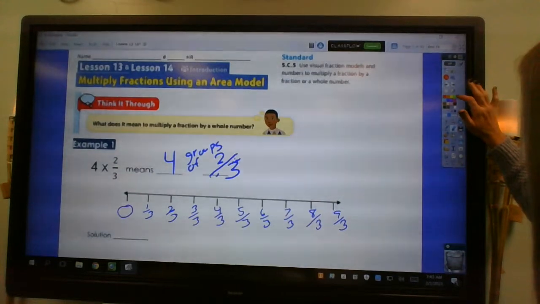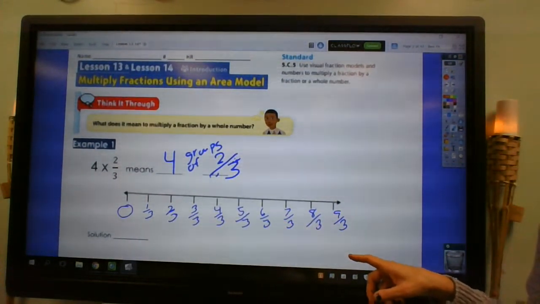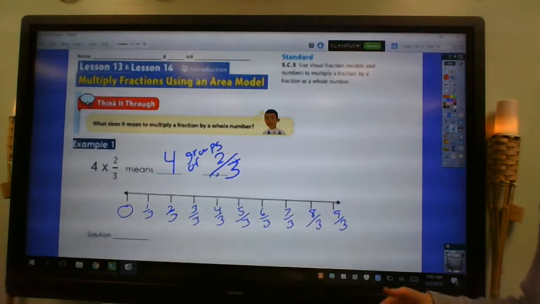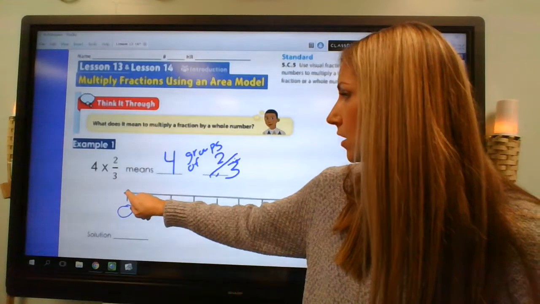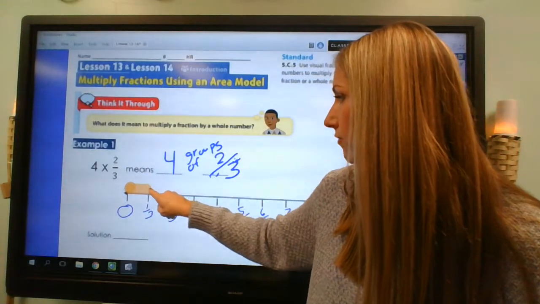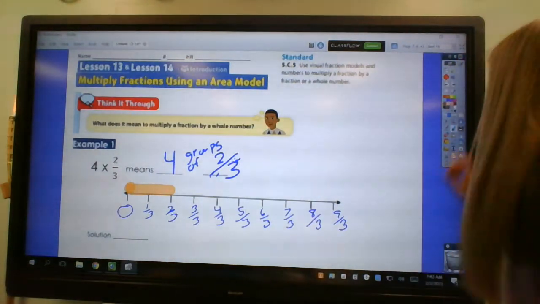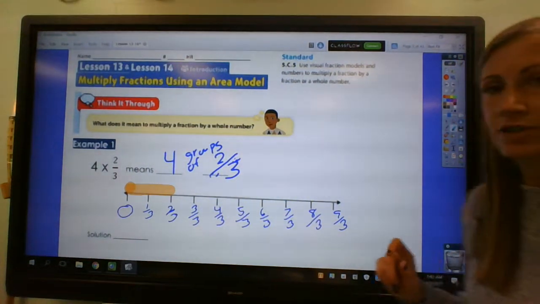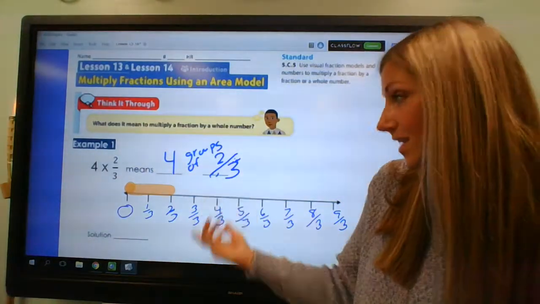If we're going to have 4 groups, we need to show these 4 sections of 2/3. So I can see my 1/3 and I go to 2/3 here. So this is my first group right here of 2/3. And to really show you the difference, so we can see our 4 groups, I'm going to use another color. So we need another 2/3.